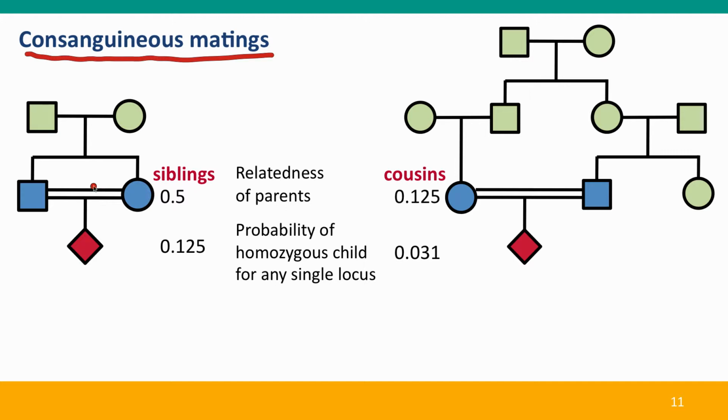So these are blood relatives, as we used to say. And here I've just calculated the inbreeding coefficient for the child of consanguineous parents. If the parents are siblings, the inbreeding coefficient is 0.125. If the parents are cousins, the inbreeding coefficient is 0.031, which is what we calculated earlier.